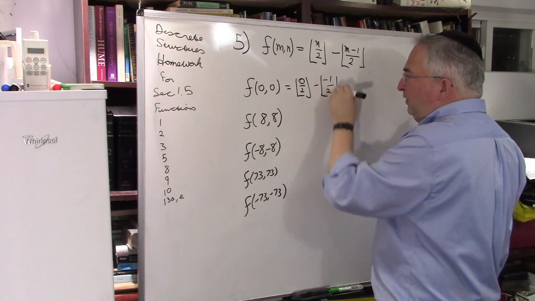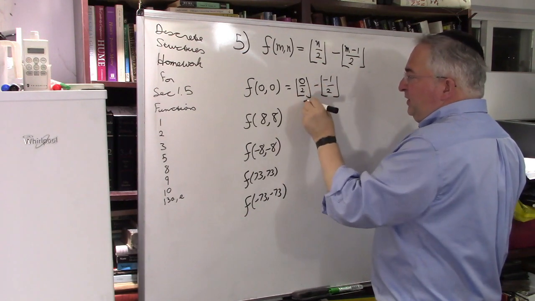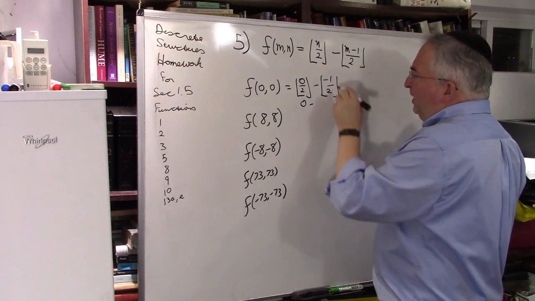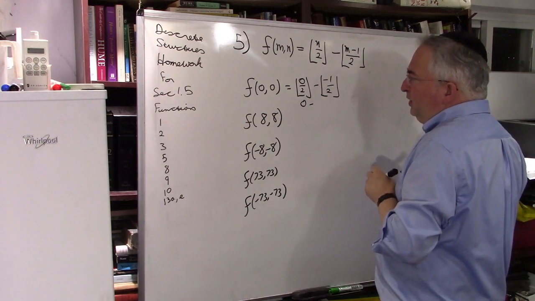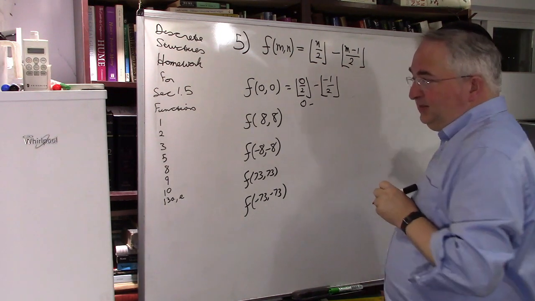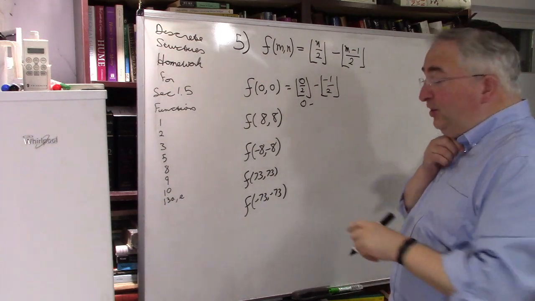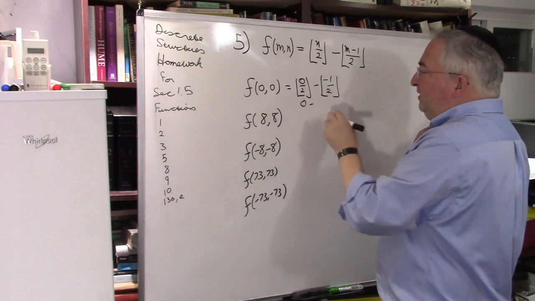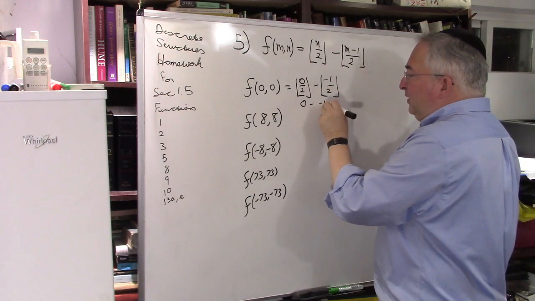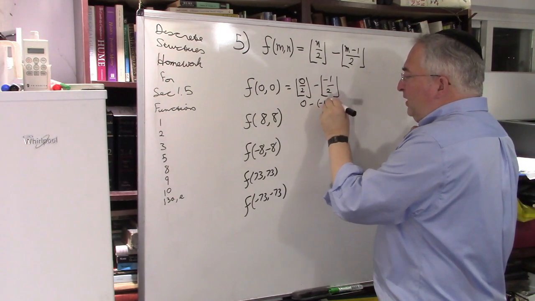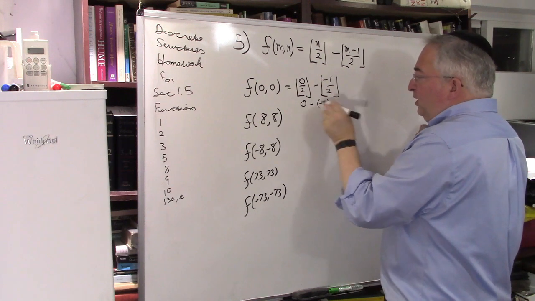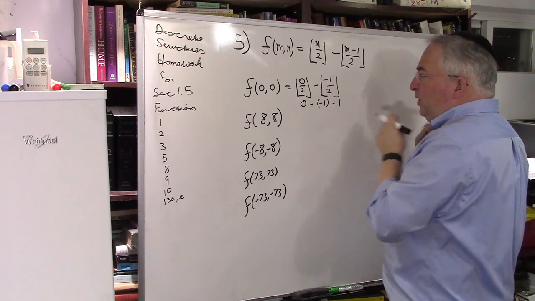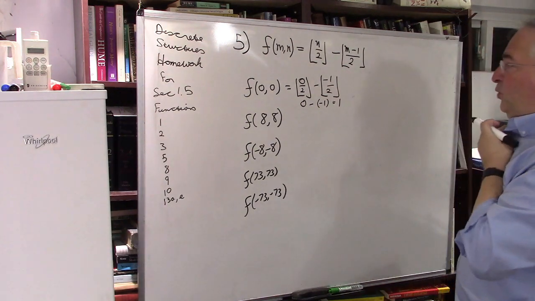So this is 0 minus, negative 1 over 2 is negative a half. The floor of that is negative 1. 0 minus negative 1 is equal to 1. So f of 0 is 1.